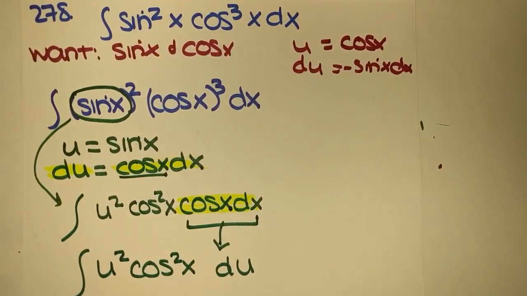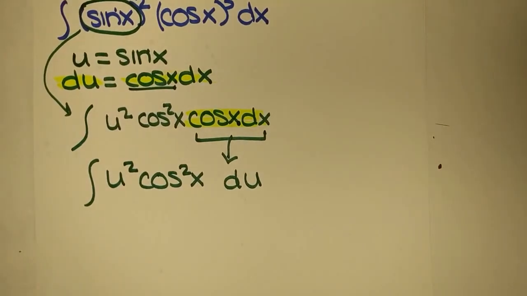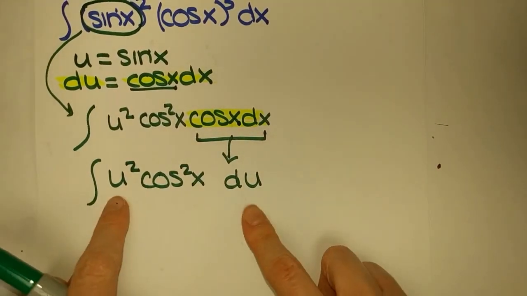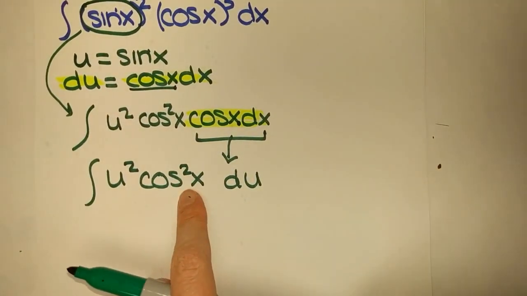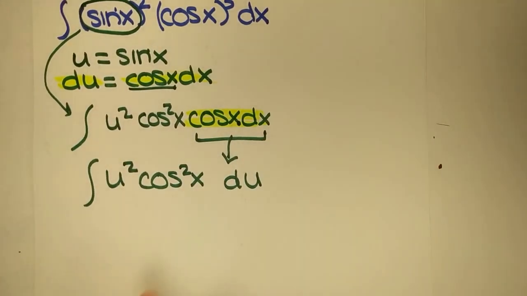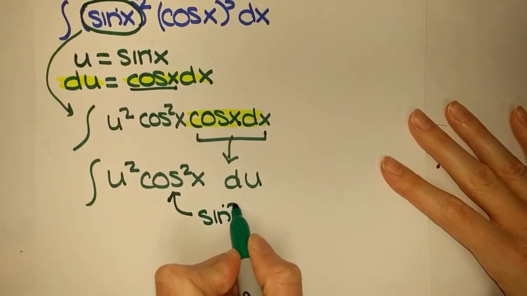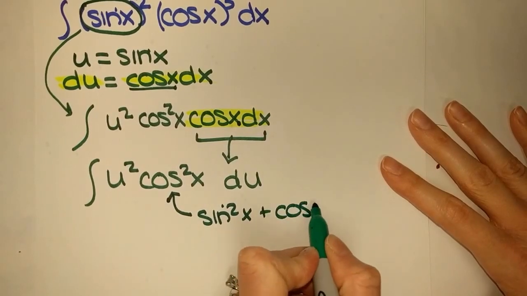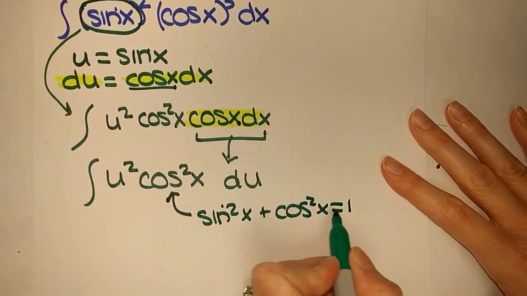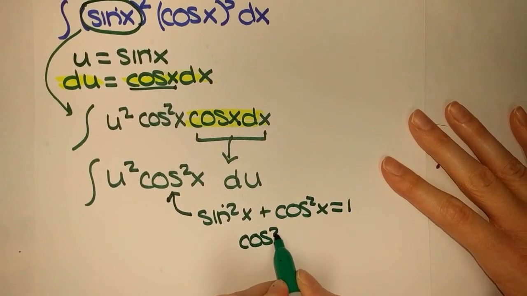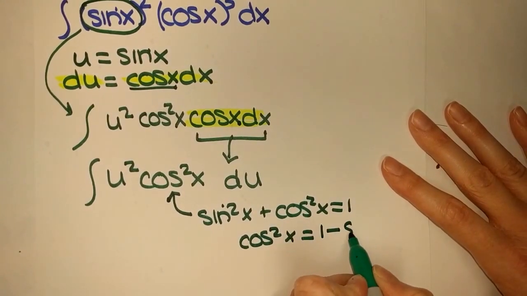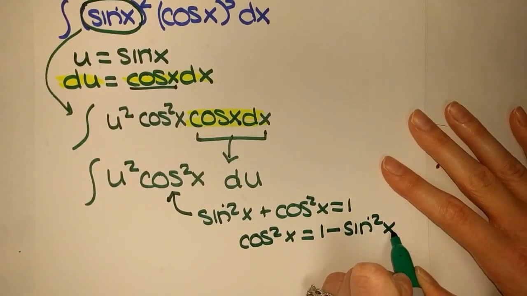Now, the problem still amounts to the fact that you have a u, but you don't have that x replaced with u. So here is where we play around with this, and we say, well, by the trig identity, sine squared x plus cosine squared x is equal to 1. I can convert that and say that cosine squared x is 1 minus sine squared x.